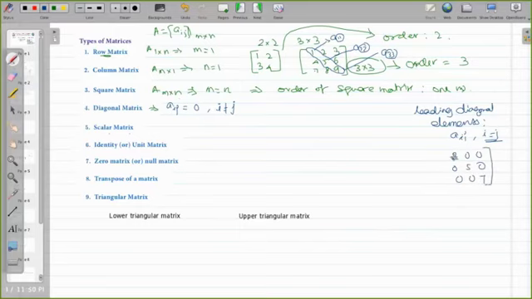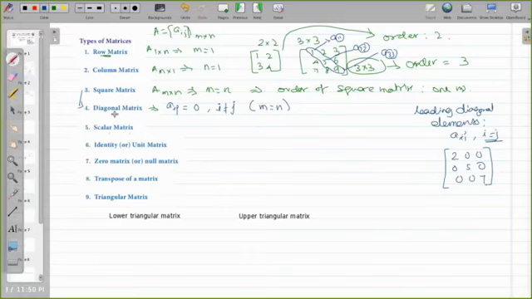See here, children, only the leading diagonal elements are non-zero, all the others are 0. If all the numbers other than the leading diagonal elements are 0, we can say it is a diagonal matrix. One more thing we should remember here: m is equal to n, the same number of rows and columns. That means it happens in the square matrix only.